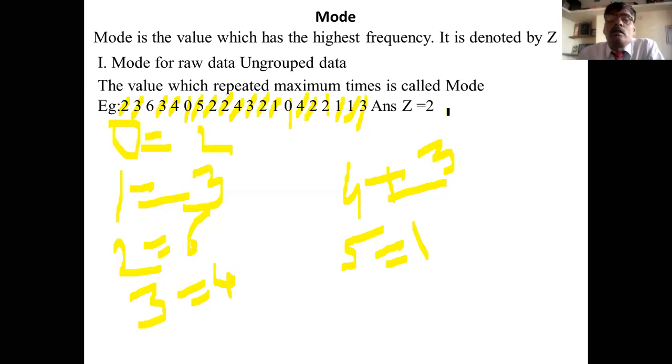Therefore, mode is 2. In this way, you have to calculate. This is called mode for the ungrouped data. This question may come for 2 marks. Okay.